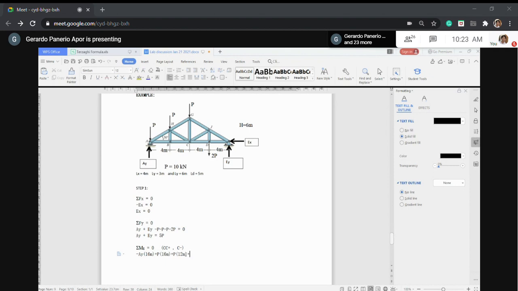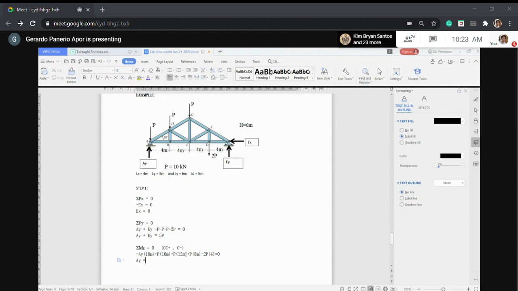And then another plus P, we have 8 meters. And then we have minus 20, because that's 2P times 4. There's none, so 0.